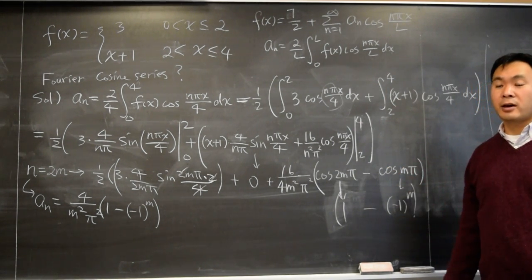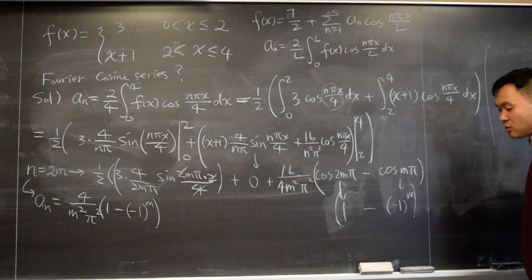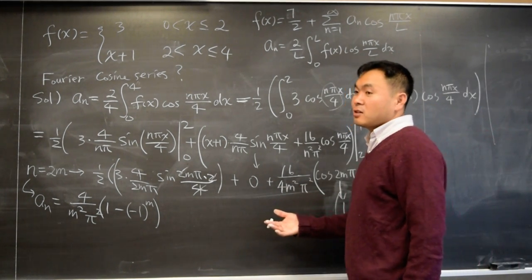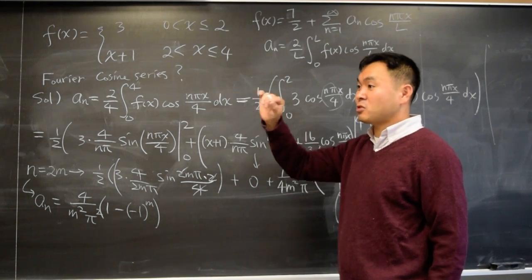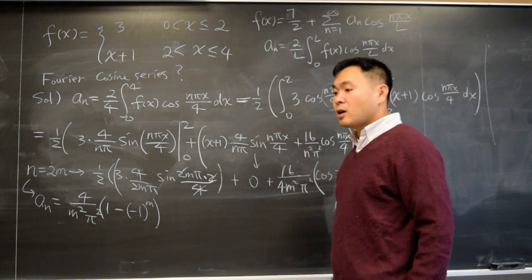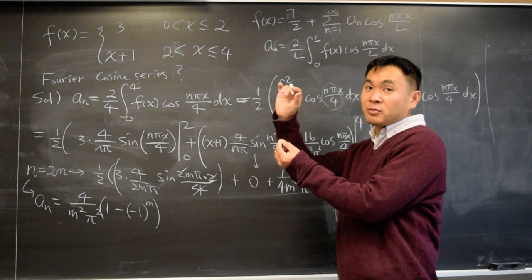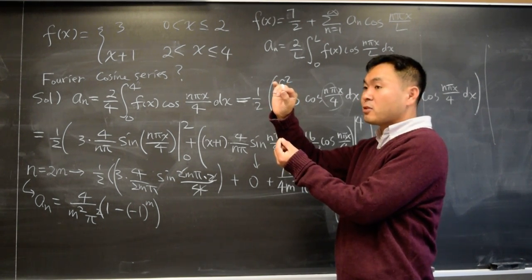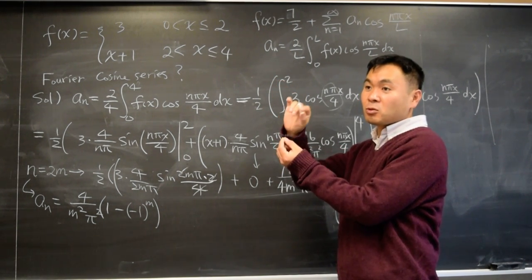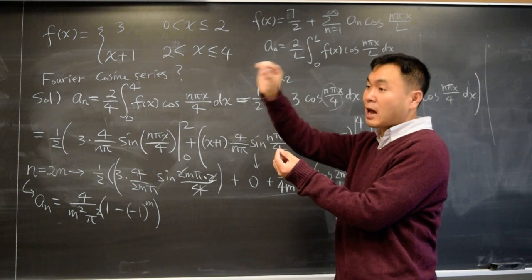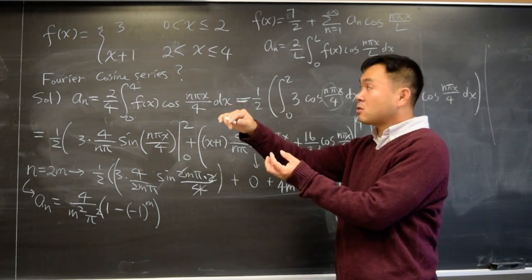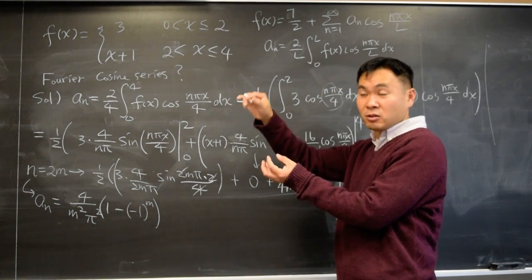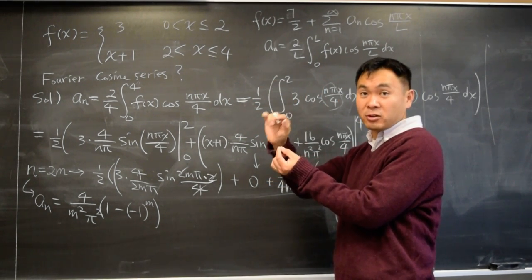And that kind of raises the question: what do you mean by that? If you have a function with a jump discontinuity, the Fourier series will converge to half of the jump. So regardless of whether you have the top one as the closed one or the bottom as the closed one, the Fourier series will give you half of the jump value.